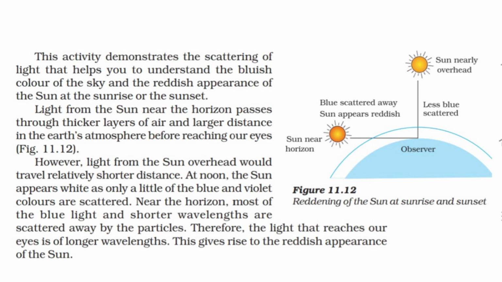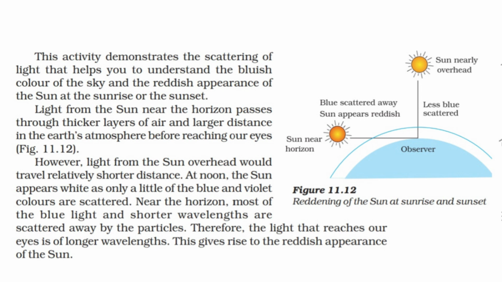When it appears bluish, we observe the sun nearest to our eyes. That's why the sky looks bluish. The bluish color means the shortest wavelength, which travels the shortest distance. So this is the scattering of light by the Earth's atmosphere.